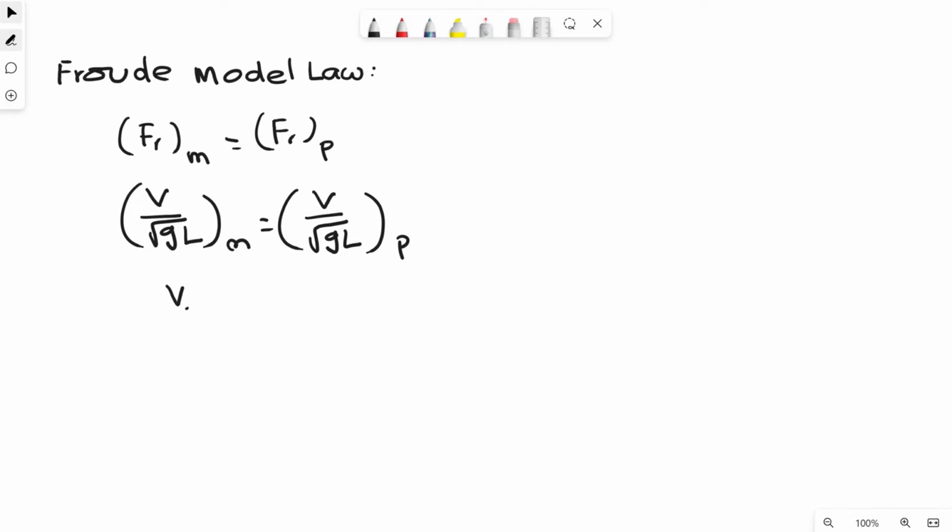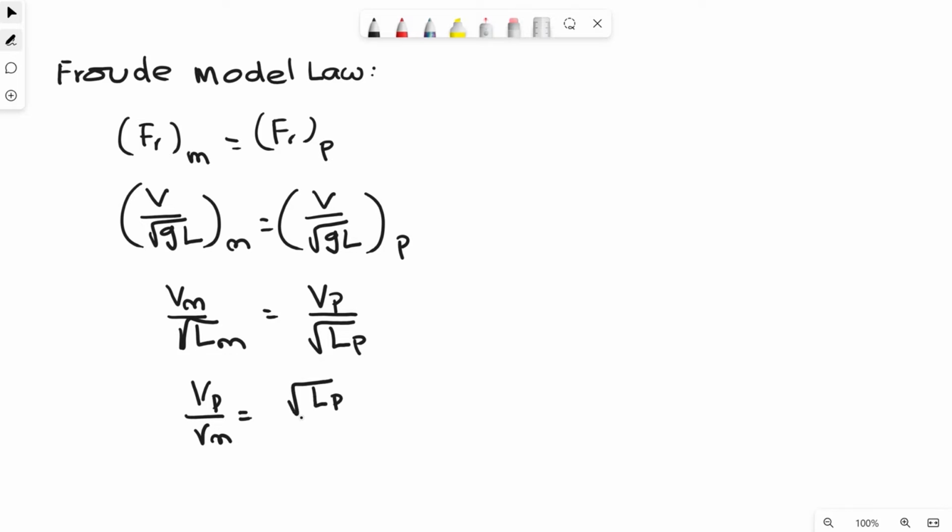Then we can write it as Vm by root Lm is equal to Vp by root Lp. Or I can write Vp by Vm is equal to root Lp by root Lm. So it is root of Lp by Lm, so it is root Lr.